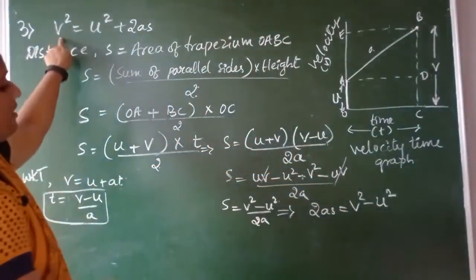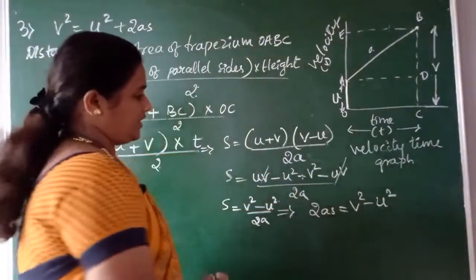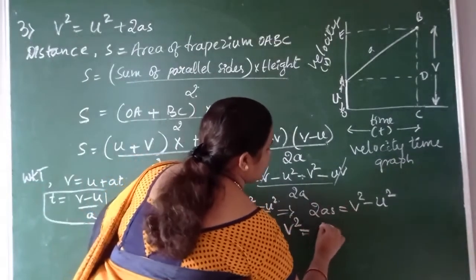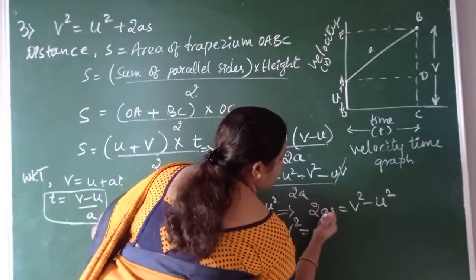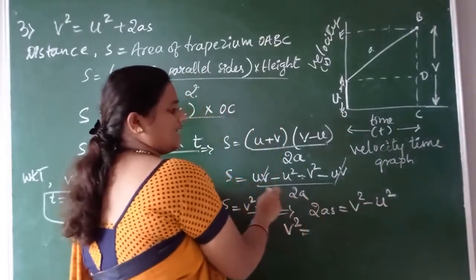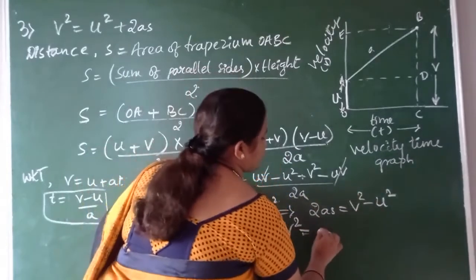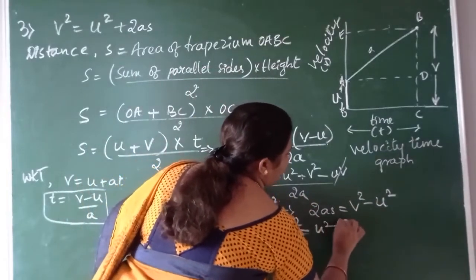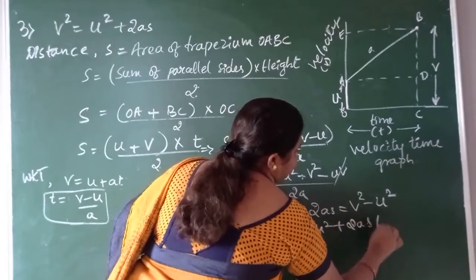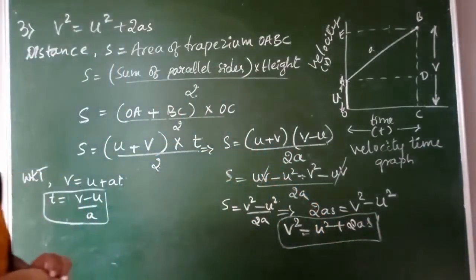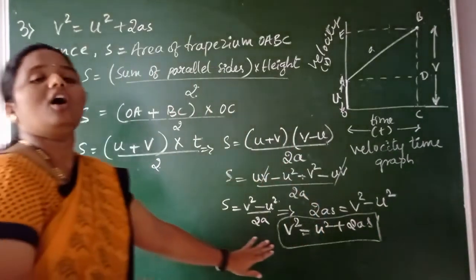But we want it in terms of final velocity, so the negative sign goes to the left-hand side and becomes positive: V square equals U square plus 2AS. This is our third equation of motion that we wanted to derive.